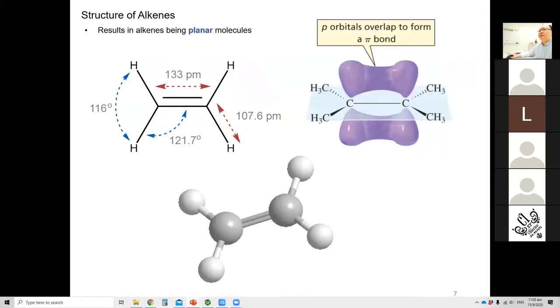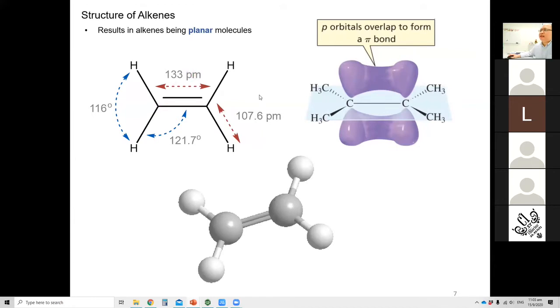So for example, in a simple ethylene molecule, you have an H-C-H bond angle of almost 120 degrees, with slight deviation, and you can see the double bond is 133 pm.